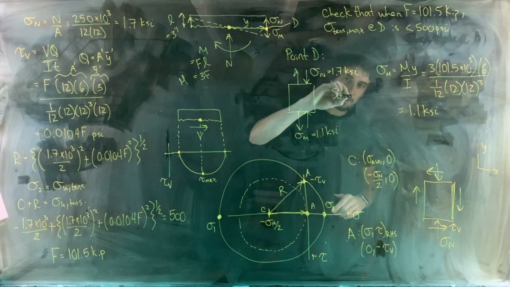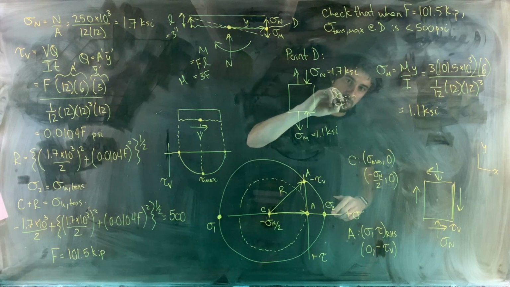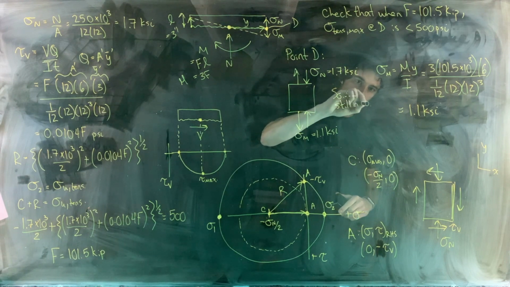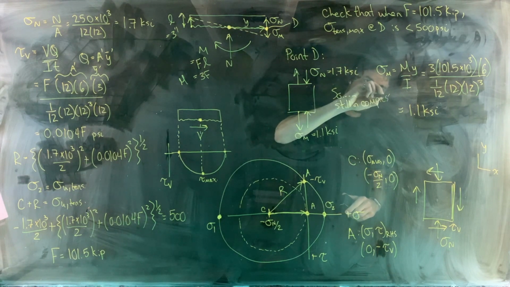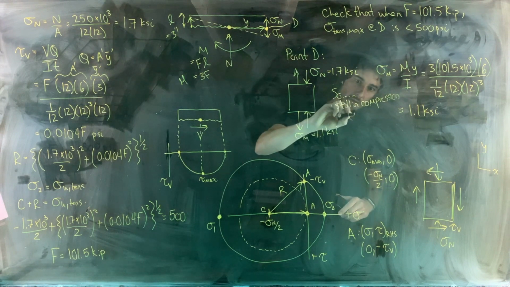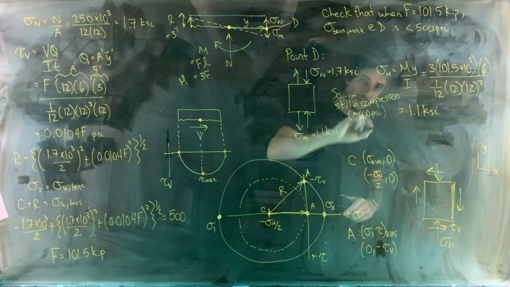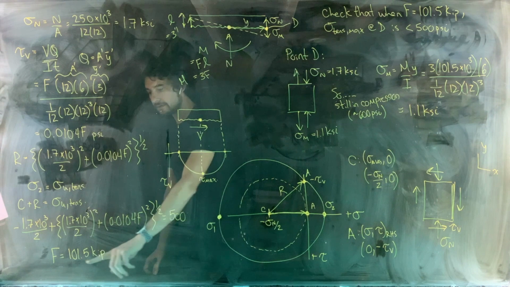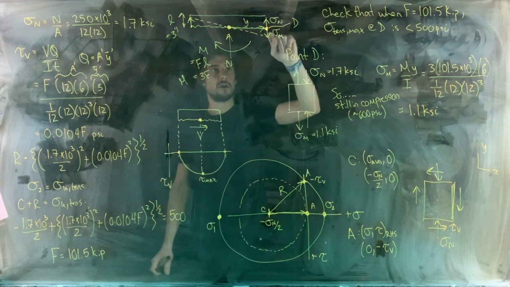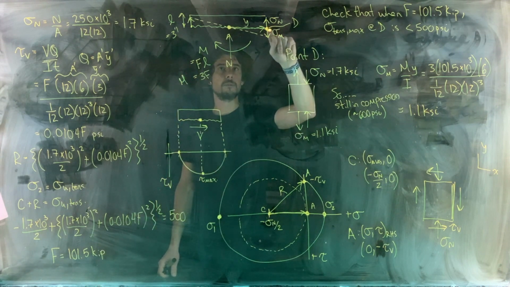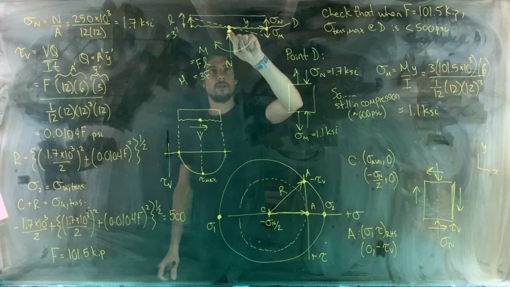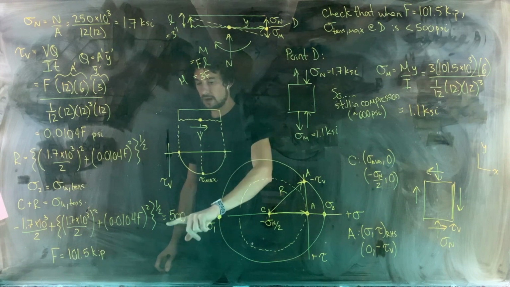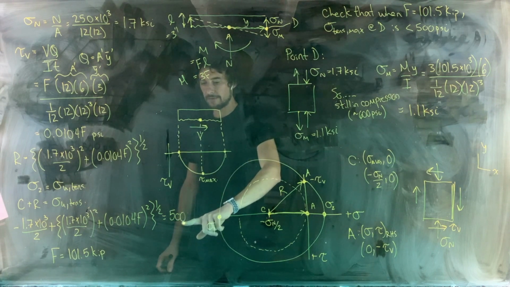So this is still in compression. About 600 psi worth of compressive stress there, right? So when F is 101.5 kip, our point D here is still under compression. So indeed, this point B that we were looking at is the first place where the tensile stress of 500 psi is reached.